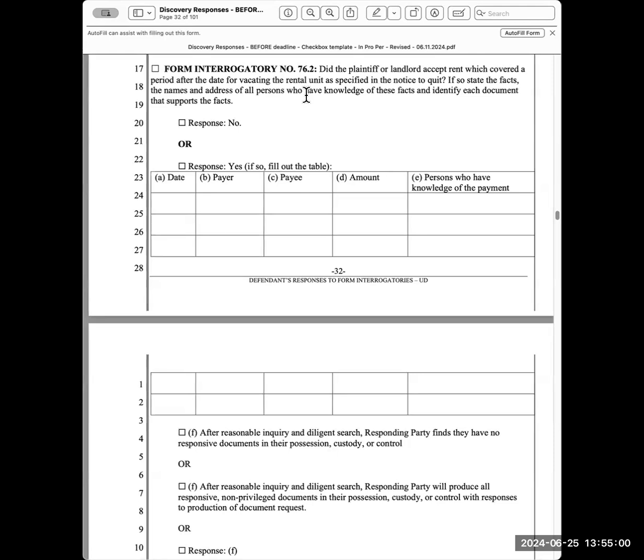If the landlord accepted any money after the notice expired, you want to detail that information here, because technically, after the notice expires, the court has jurisdiction over the case. The landlord's not allowed to legally accept rent, and it could reinstate your tenancy.